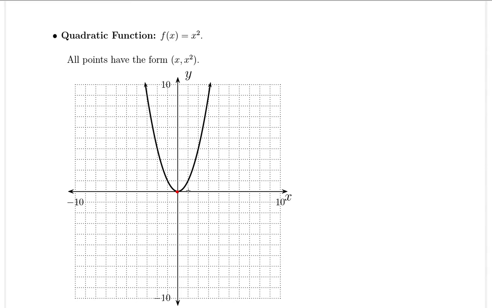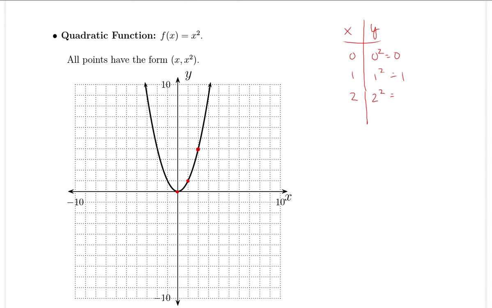If x is equal to 1, 1 squared is 1. And so what I'm really doing here is just making a little table. So 0 squared is 0, 1 squared is 1. And then we want to know what's happening when x is equal to 2. All right, that puts us up to 4. Why?